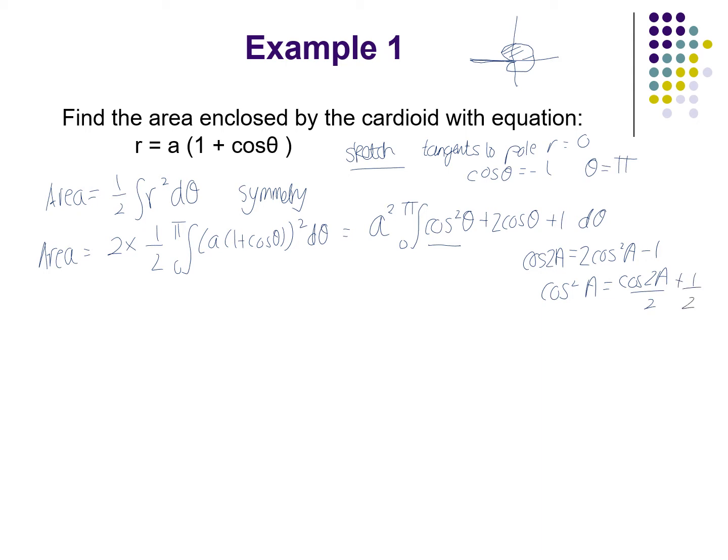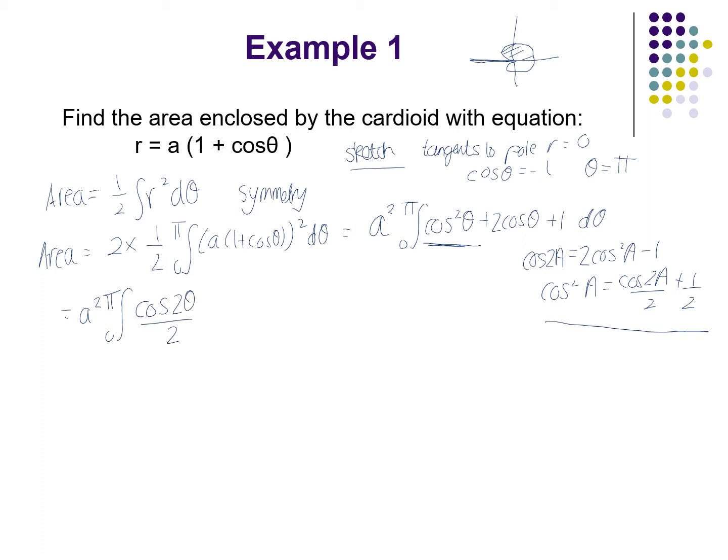I'll write that out and then substitute that in for my cos squared theta. So that goes in for my cos squared theta, so this is replaced by this. With a equal to theta, this will be cos 2 theta over 2.